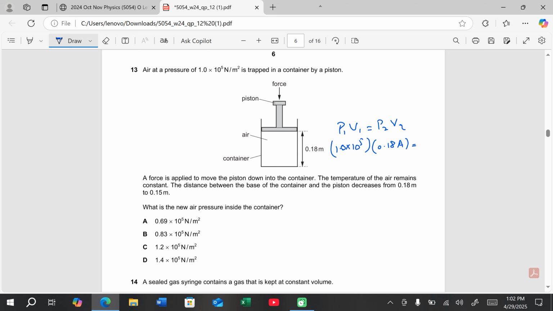Now we need to find the new pressure, which is P2, and now the volume has decreased to 0.15 times A, which is the area of cross section. So this A gets cancelled. This is going to come and divide here. So you're going to say 1.05 times 10 to the power of 5 times 0.18 divided by 0.15. When I use my calculator, I'll get C as the answer.